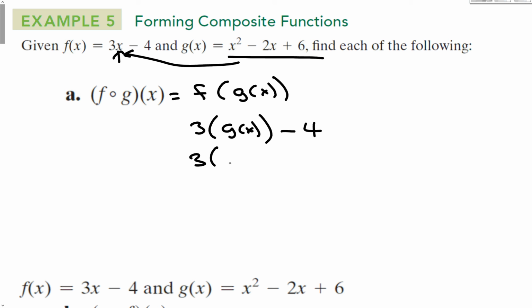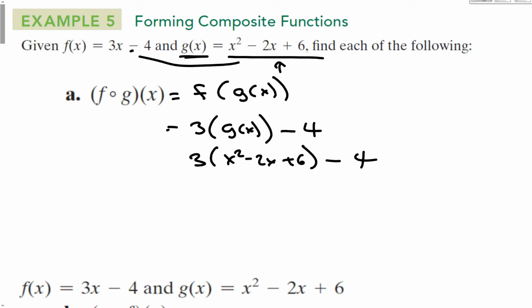So it becomes 3 times x squared minus 2x plus 6, minus 4. Instead of the variable x, my input becomes this whole function g of x. So we're replacing the x in f of x with the whole function from g.